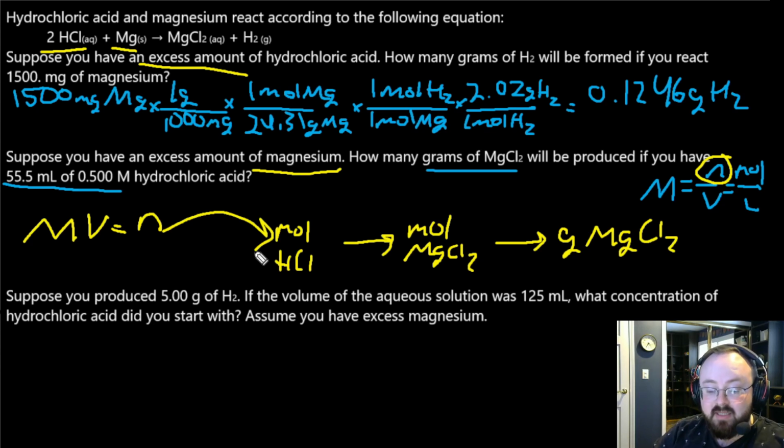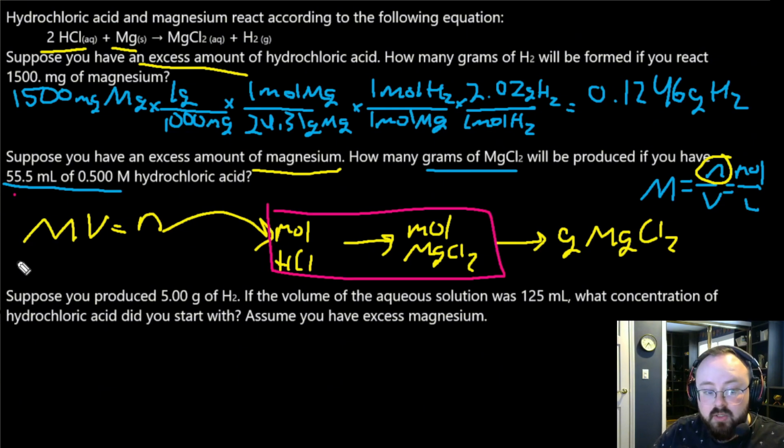I am skipping grams. There's no necessity to have mass involved, and if there's no mass, I don't need a molar mass. I don't need to do that conversion because moles is a part of my concentration formula.